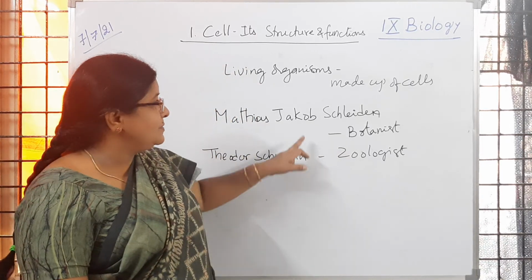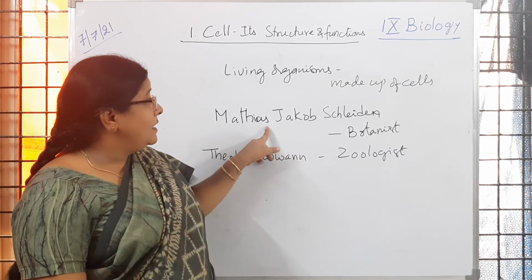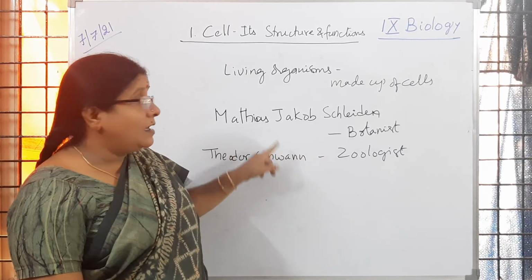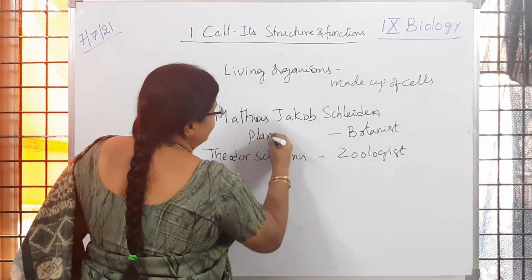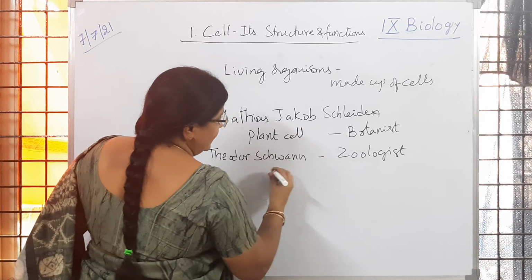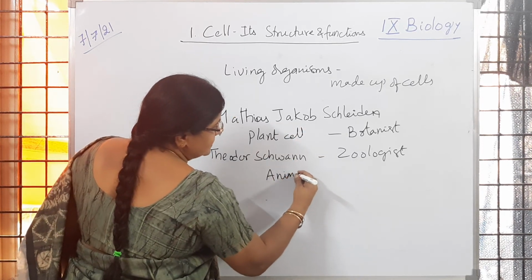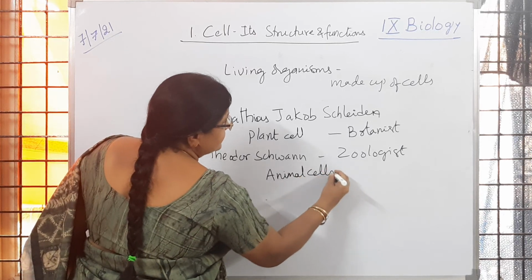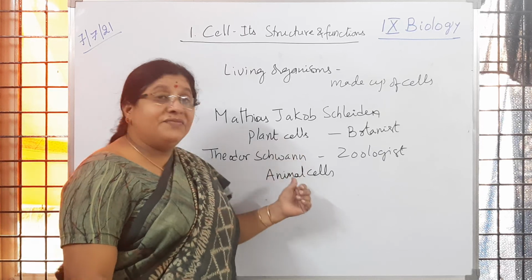What are the differences between plant cell and animal cell? Already you learned. So Theodor Schwann studied about animal cells. So some common parts were found and some differences are there.